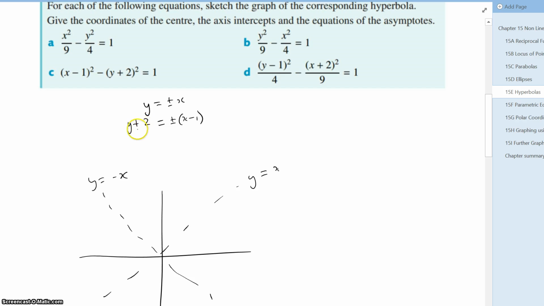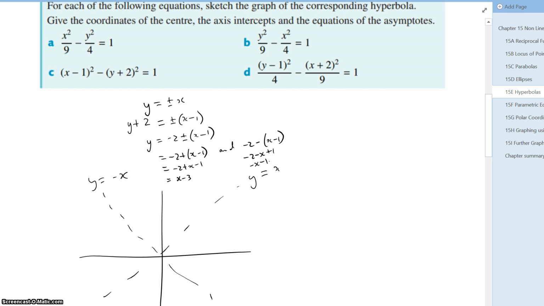So now this equation will give me the equations of the asymptotes. I get y equals -2 plus or minus x minus 1. I'll do this slowly and be careful so I don't make too many mistakes. That gives -2 plus x minus 1, which is x minus 3, and -2 minus x plus 1, which ends up being -x minus 1.